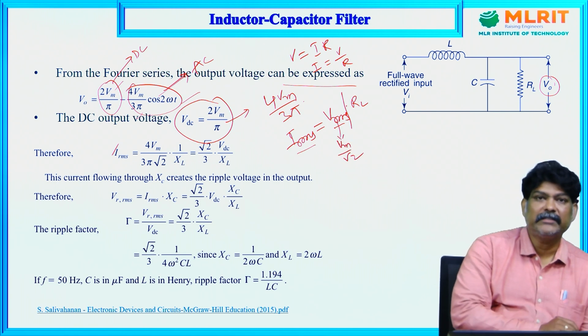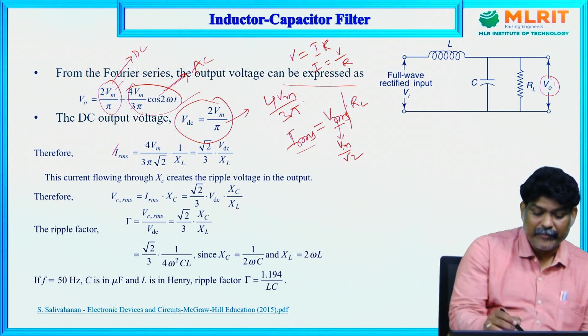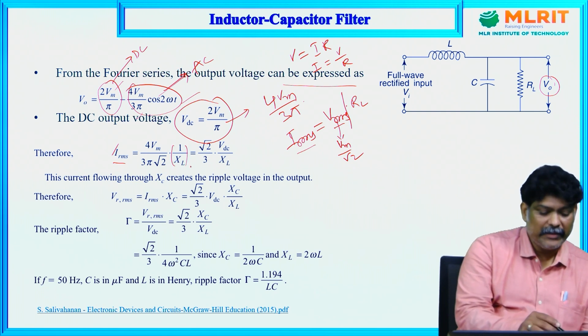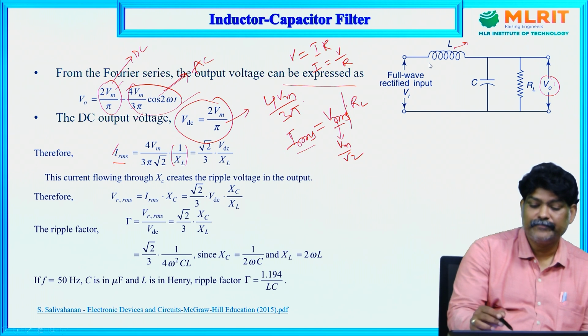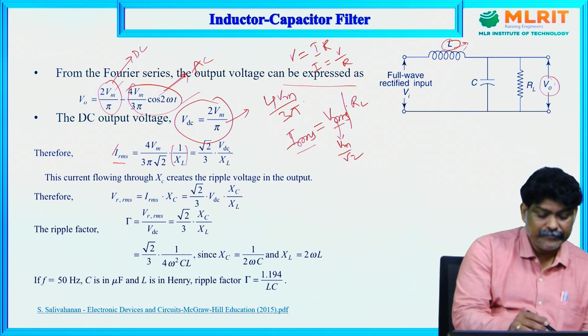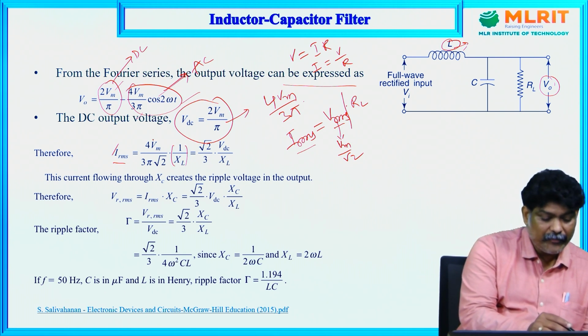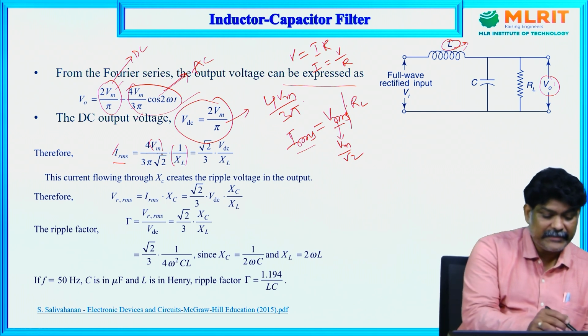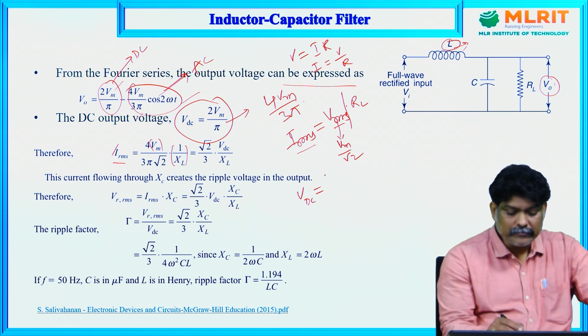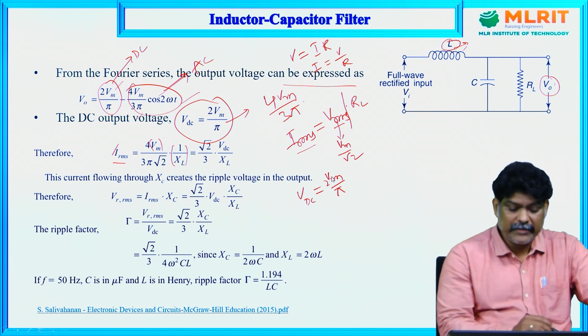From this data we can write IRMS equals 4 Vm by 3 pi root 2 into 1 by XL, where XL is the inductor reactance, the impedance. From this, what is Vm? We know that VDC is Vm by pi, okay, so 2 Vm by pi in the case of a full wave rectifier.